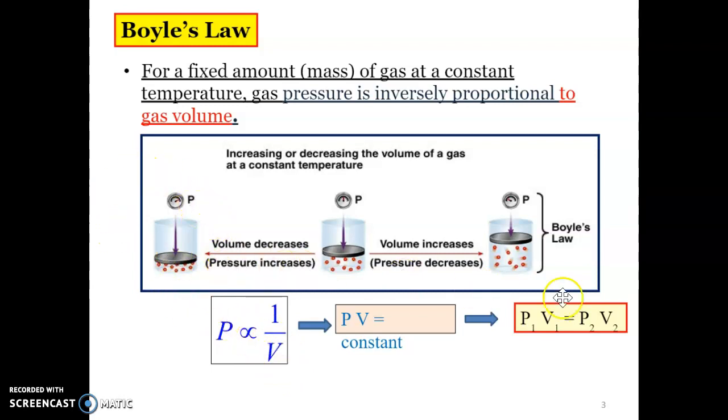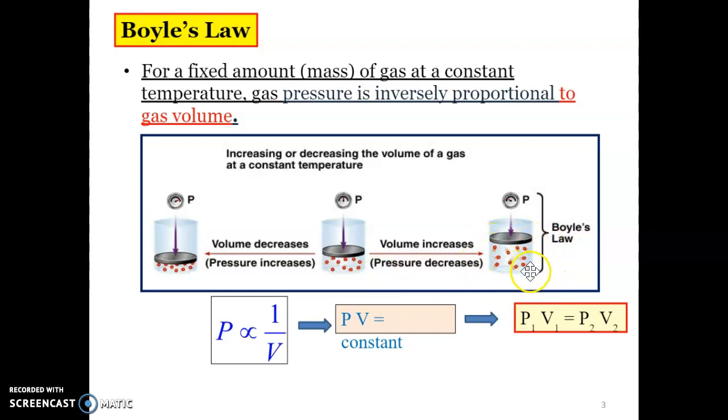So we can see the examples here. If we give more pressure to this piston, the molecules inside this volume will be moving not quite freely, so the pressure increases compared to this one.